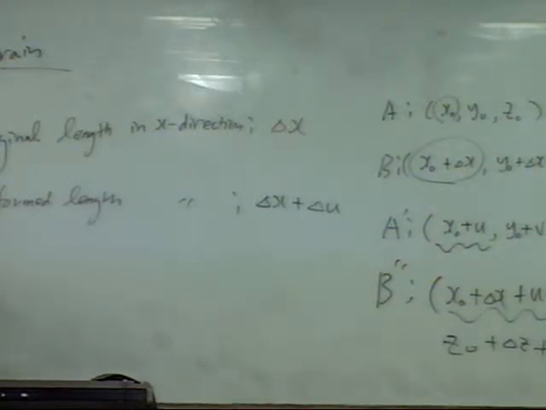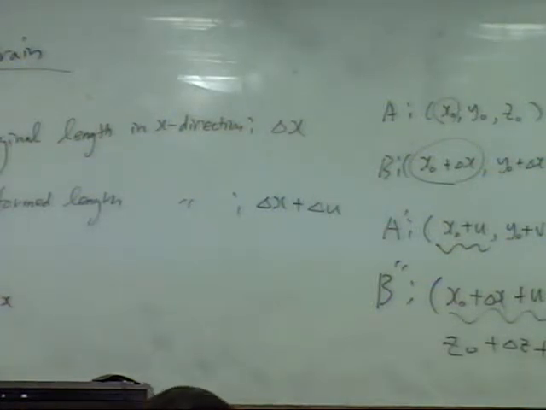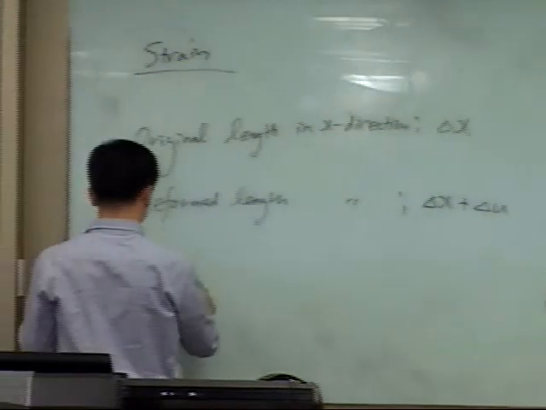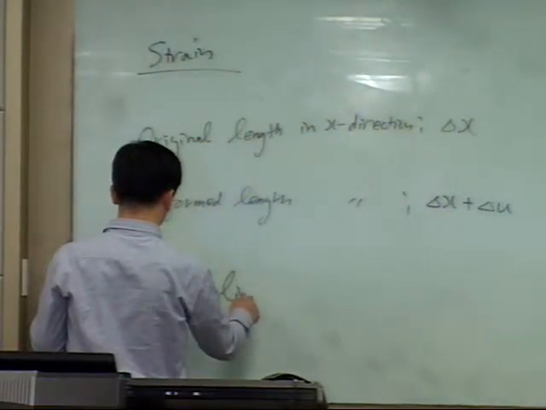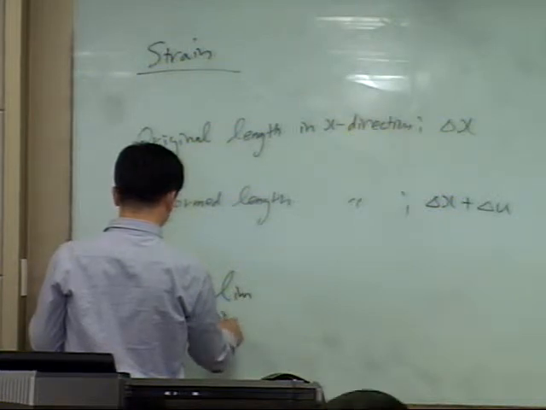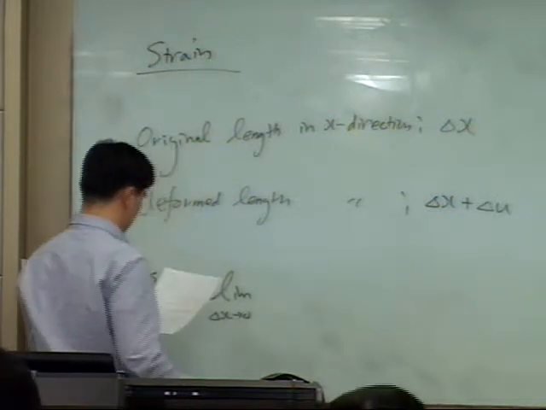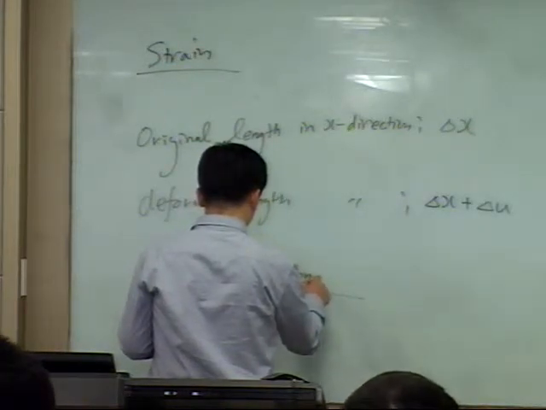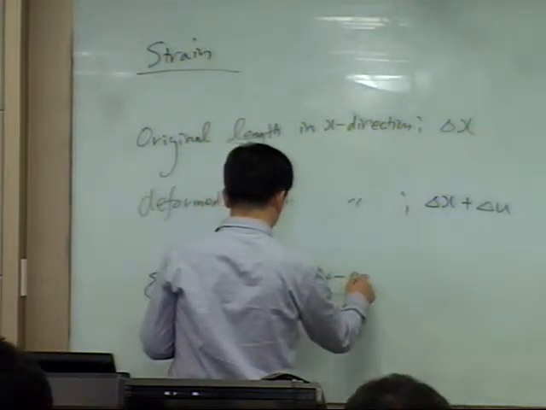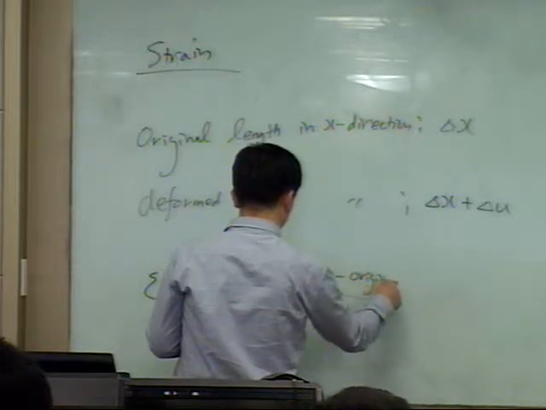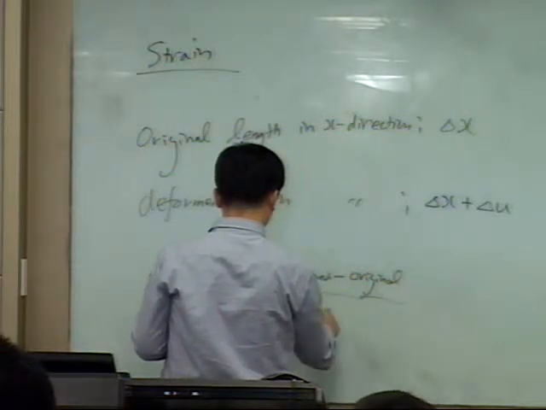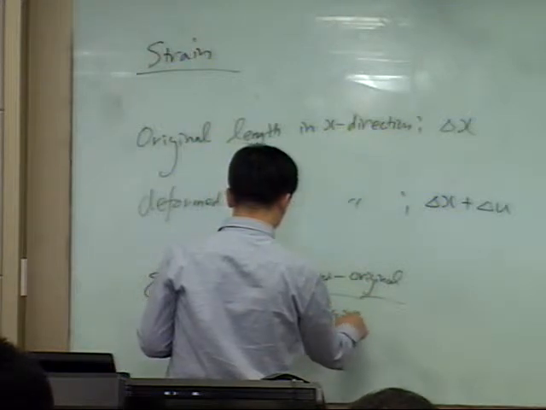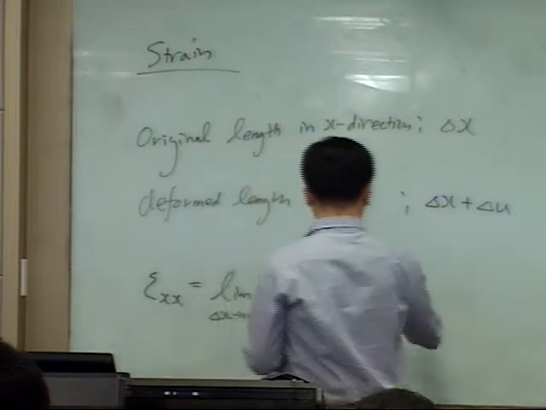Then let me define the strain in the x direction. Strain xx is the limit, as delta x goes to 0, of the deformed length minus the original length over the original length.